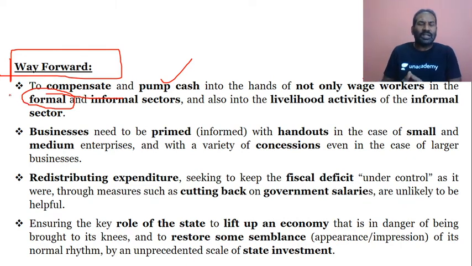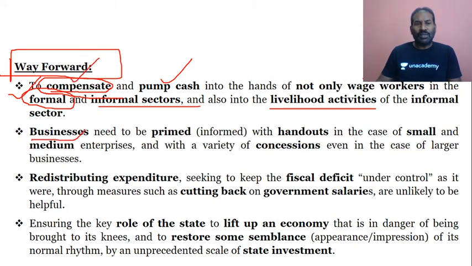Now you are understanding the intensity of the impact of COVID-19, not just on the unorganized or informal sectors, but it has also started impacting the formal sectors, and that will impact livelihood activities in both. So the way to move forward is to compensate or to pump cash.